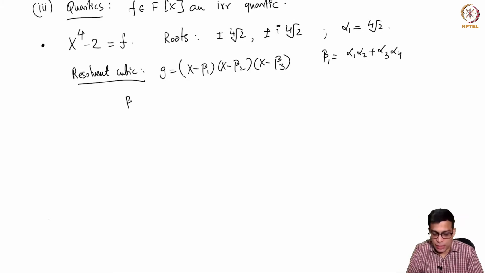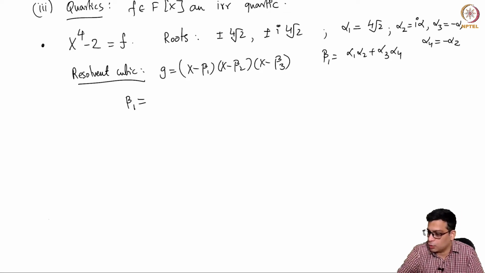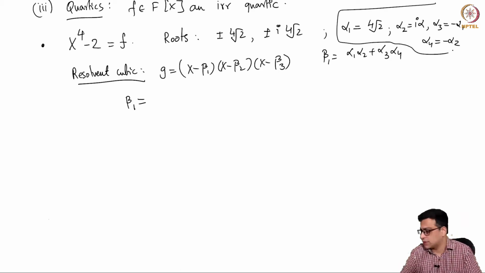So in this case, alpha 1 is alpha, alpha 2 is i alpha, alpha 3 is minus alpha, alpha 4 is minus alpha 2. So this is how I label the indices. So there are 4 roots like this.